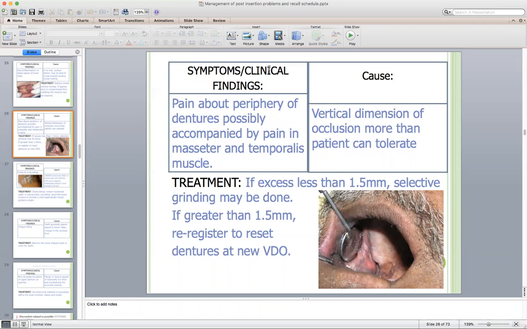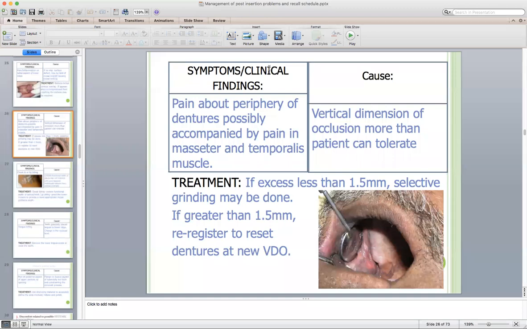What can be the cause for this? The vertical dimension of occlusion is more than the patient can tolerate. That is, the vertical jaw relation has been recorded at a higher level.